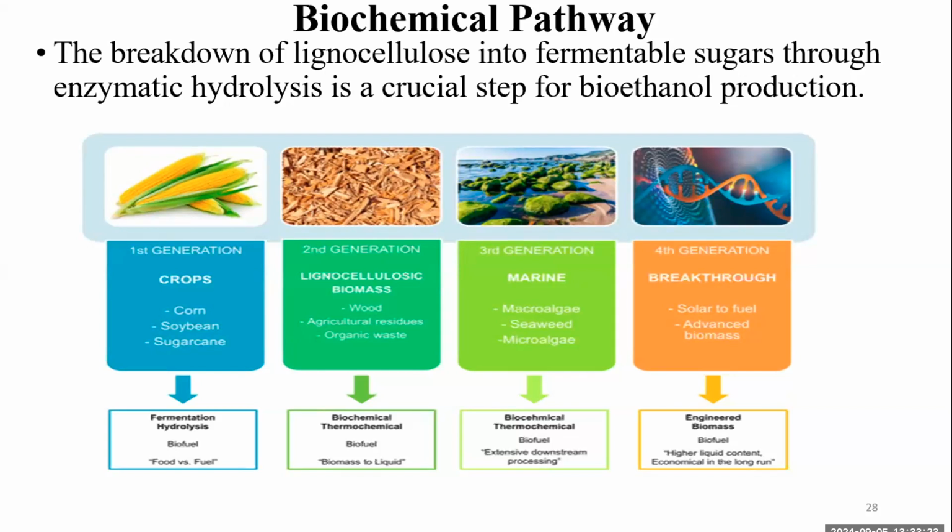But the second generation, which is an alternative to the first, is mainly the lignocellulosic source, which could be stem bark, peels, waste, grasses, or anything around us. But the challenge again with this second generation energy source is that it could also alter the ecosystem to some extent, because when you depend much on harvesting the grasses, the trees, the stem barks, and plant sources around the environment, it could lead to environmental degradation.